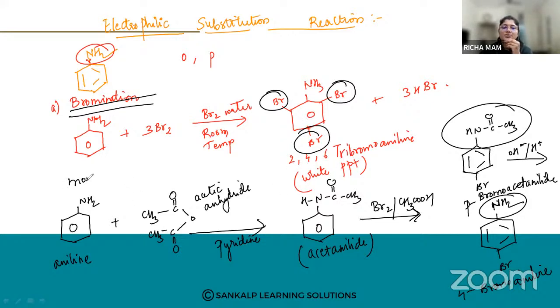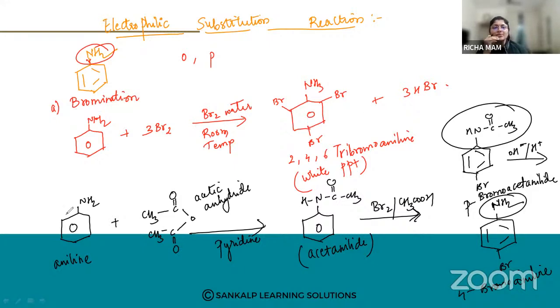If we want a mono-substituted product, we are going to do acetylation followed by halogenation. Okay, is it clear?